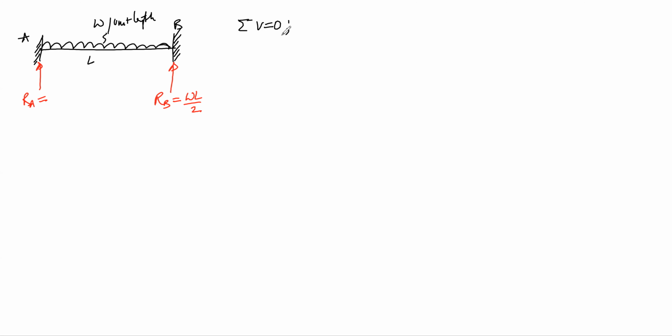So here we get RA plus WL by 2 is equal to W into L. From this equation we can write RA is equal to WL by 2. This is the reaction at point A.